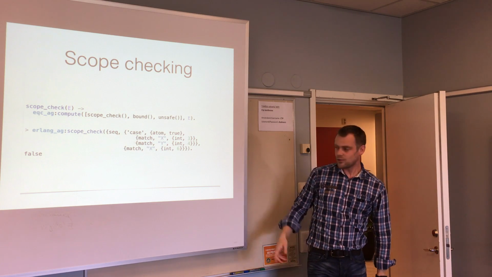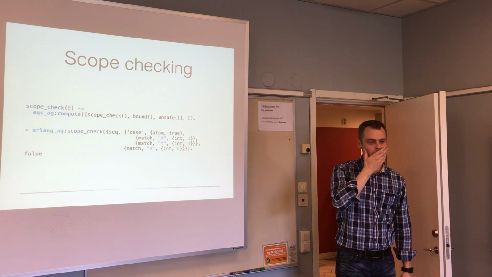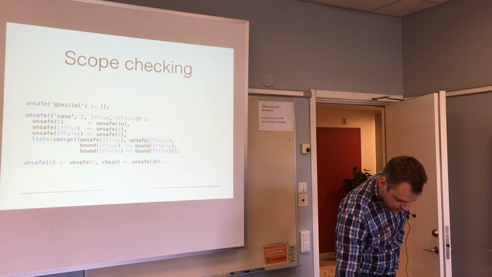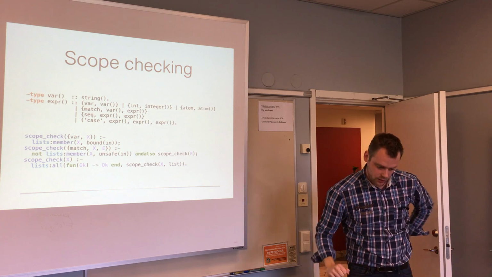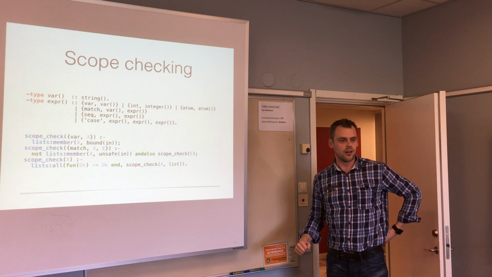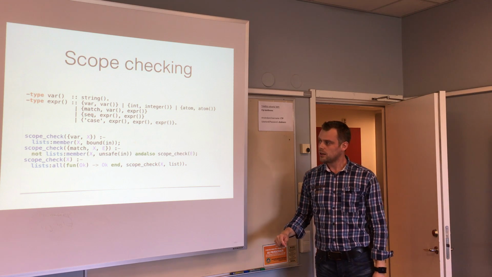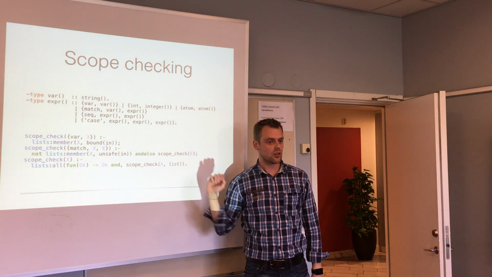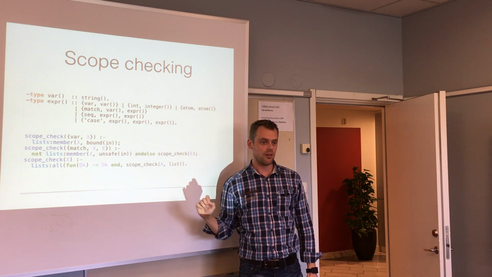And we can, so this is an example. Could you go back to where you're actually using the unsafe attribute? Here? I still don't understand why we need it. So it doesn't scope check if a variable is unsafe.